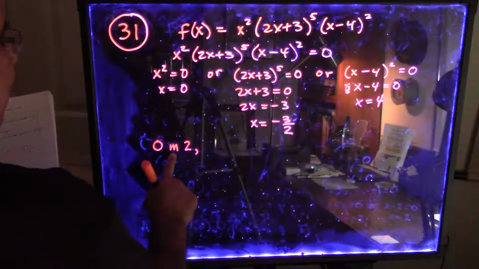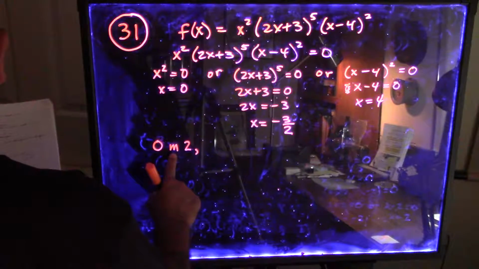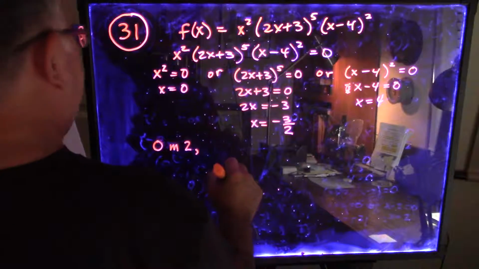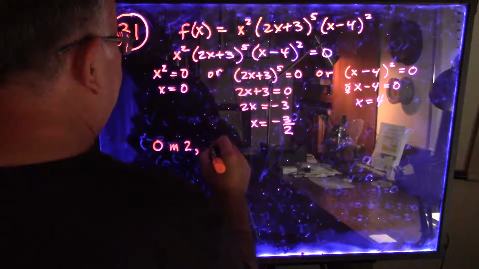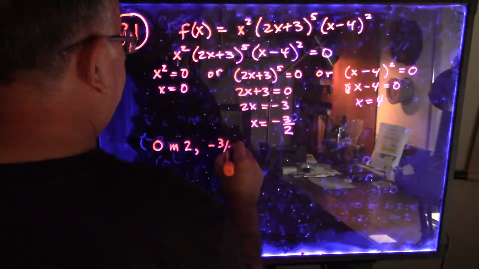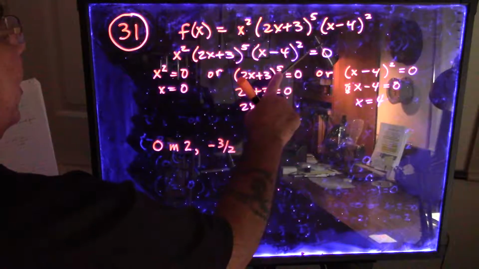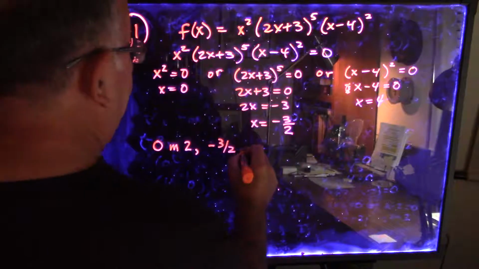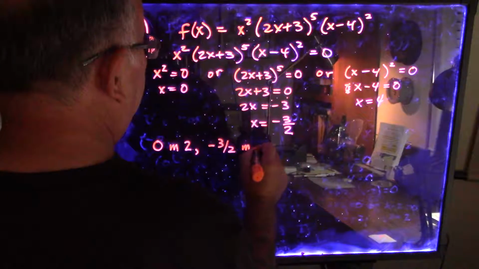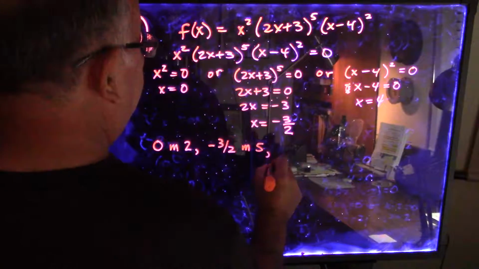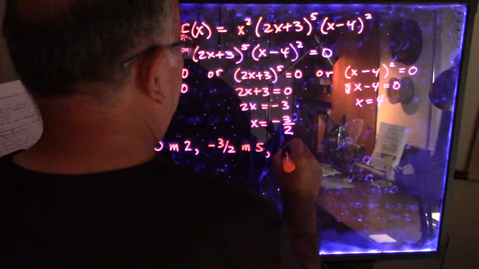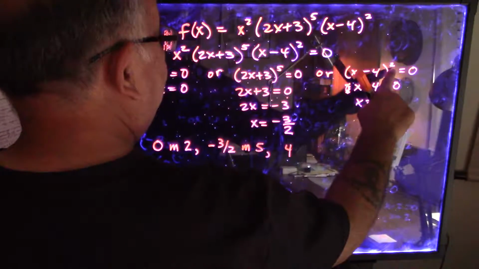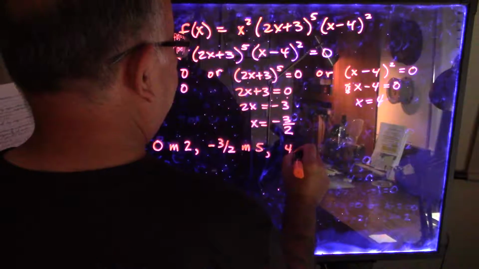The small m I'm taking to mean multiplicity. Alright, and then we have negative 3 halves, and since we have it raised to the fifth, that would be multiplicity 5. And then we have 4, multiplicity 2 from that square there.